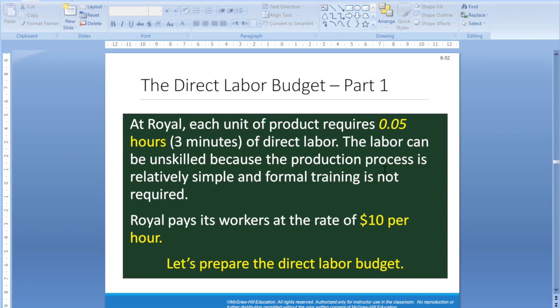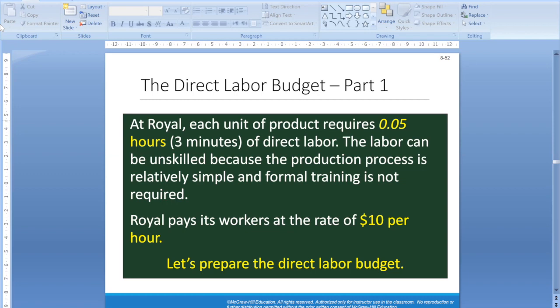This will be the cost for the labor, simply. Okay, then, what are the inputs for the labor budget? What is the first line for the labor budget?